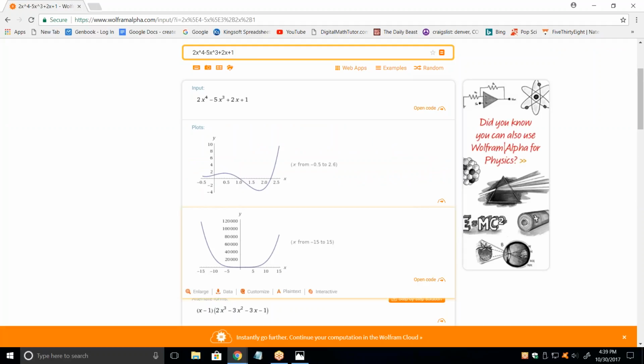Yeah. Okay. And you can definitely notice the difference between zooming in and zooming out, right? That is the beauty of Wolfram Alpha, it shows you up close, and when you zoom out, you don't see any of these local relative extrema here. But when you zoom in, where are they? Where's the local maximum?